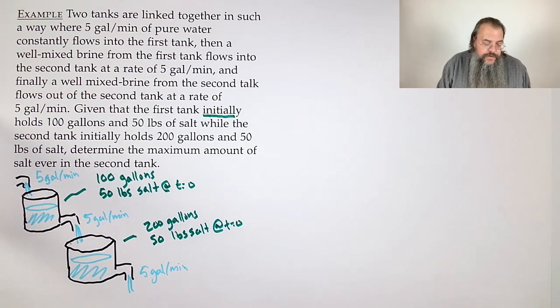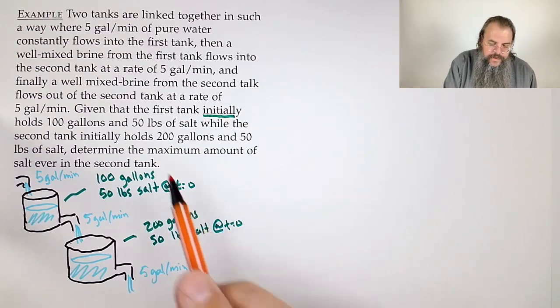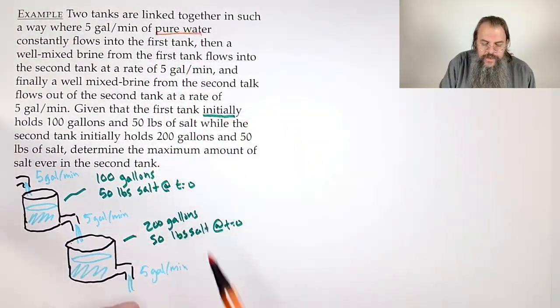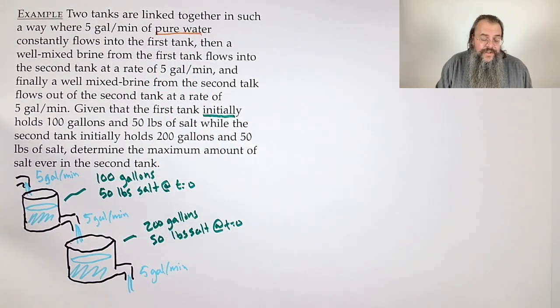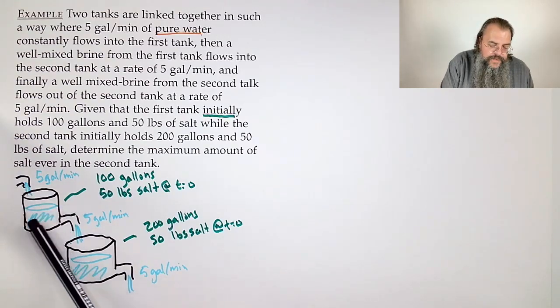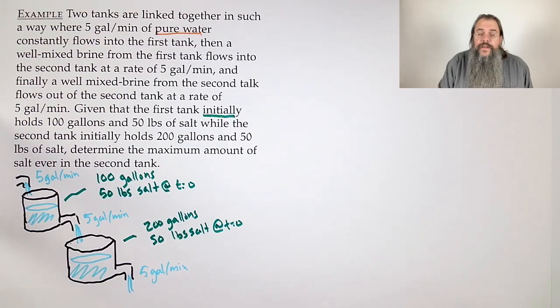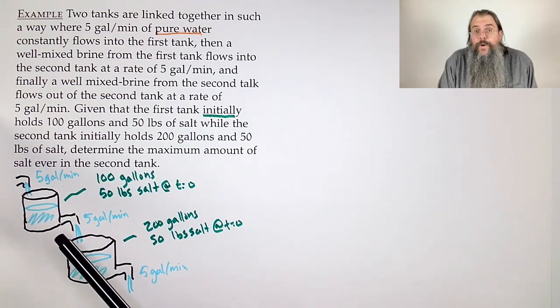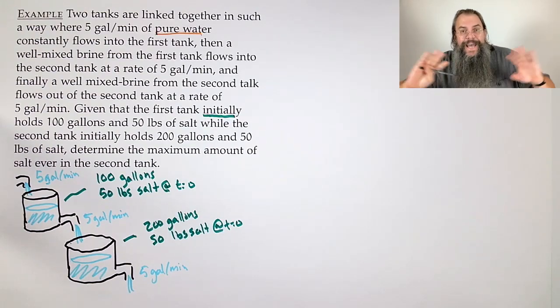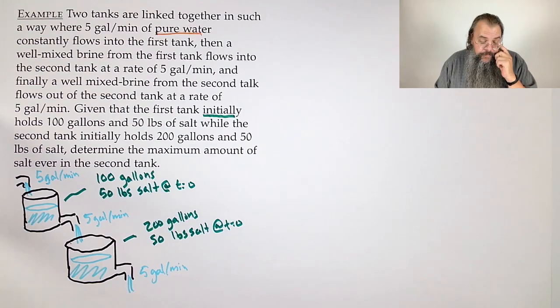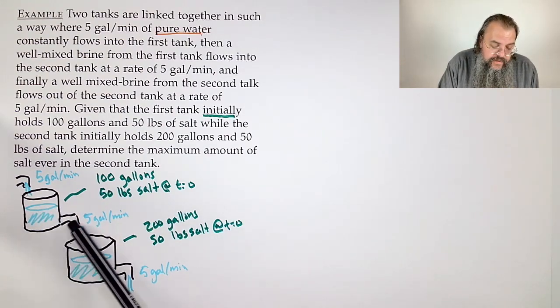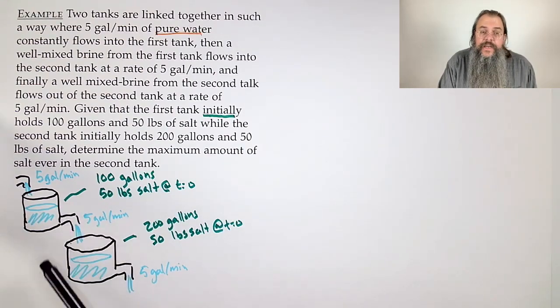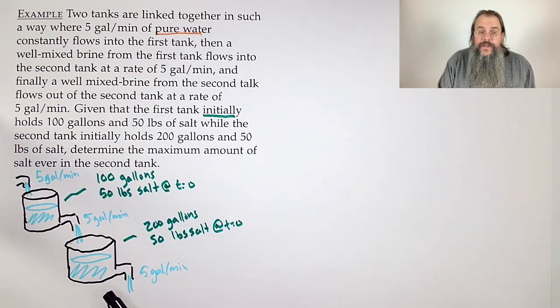You might say, how do we know it's pure water? Because it says it right here, pure water, no salt at all. So you always have pure water coming in, but a little bit of salt is leaving. So in the long run, what should happen to the water here? It'll become basically pure water as time runs off to infinity, which means the water coming in here is also going to become pure water in the long run.